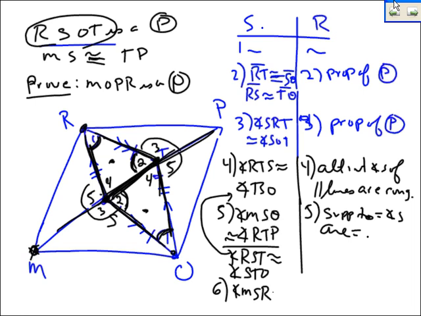Angle MSR is congruent to angle PTO. It's funny, I could have hooked this up with number 5. Supplements to equal angles are themselves equal.